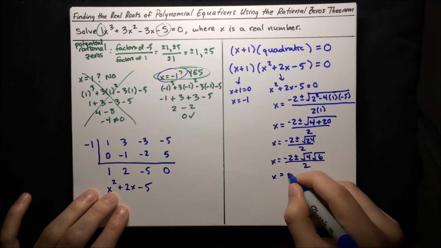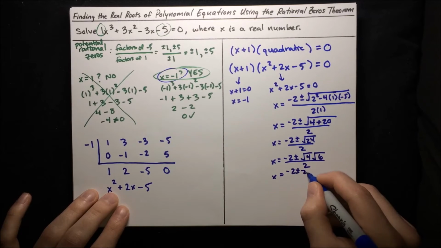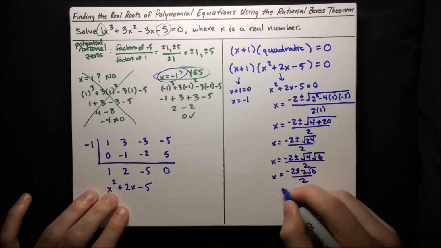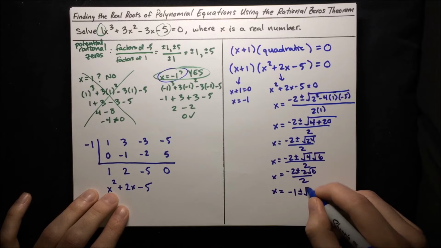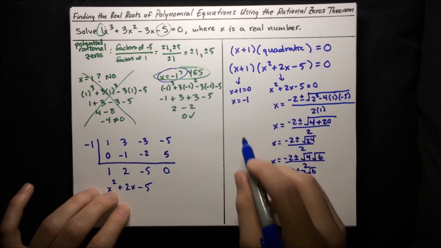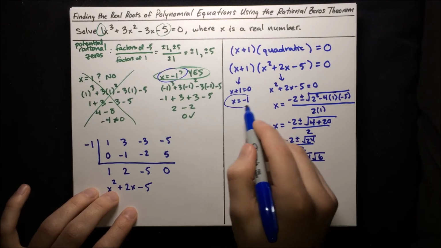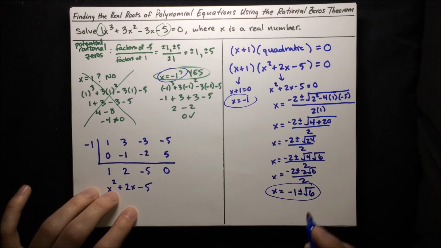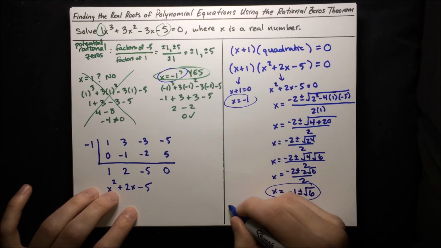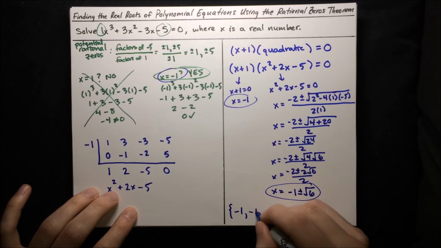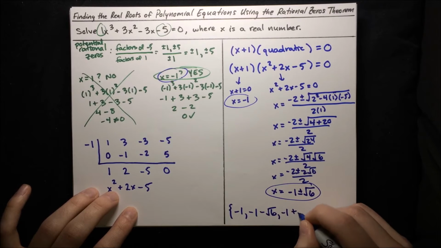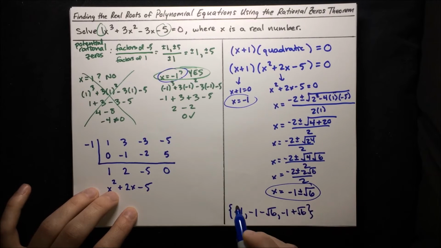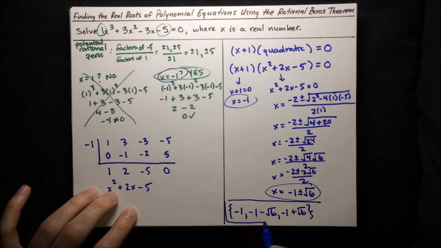So x equals negative 2 plus or minus 2 root 6 over 2, which is x equals negative 1 plus or minus root 6. So these are our solutions: x equals negative 1, and x equals negative 1 plus or minus root 6. We can write that in our set: negative 1, negative 1 minus root 6, and negative 1 plus root 6. There is our solution set.